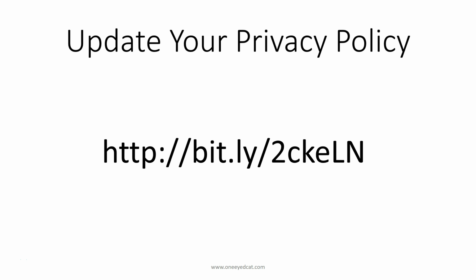It's very important that your privacy policy is updated to reflect the fact that you're obviously tracking people with your remarketing code, and they're very hot on this. So this bit.ly link here will take you to the Google support page that gives you all the information that you need to know about what to add to your privacy policy to cover you for doing remarketing. So please, please, please make sure that you read that and update it.